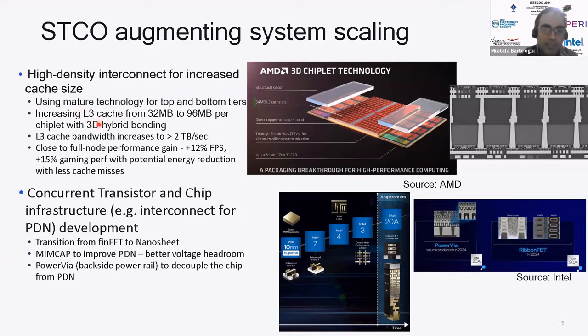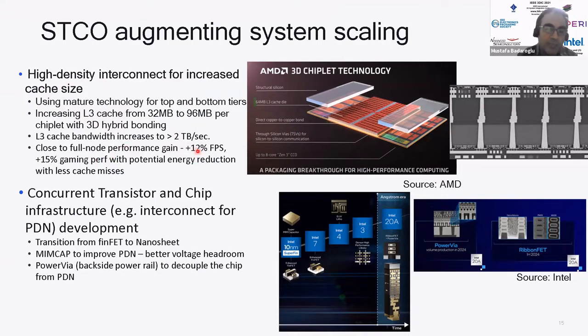And so you can see that the cache capacity is tripled, and the last level cache bandwidth is improved to more than 2 terabyte per second. And this is doing nothing in the 2D device, but only improving the memory controller probably.